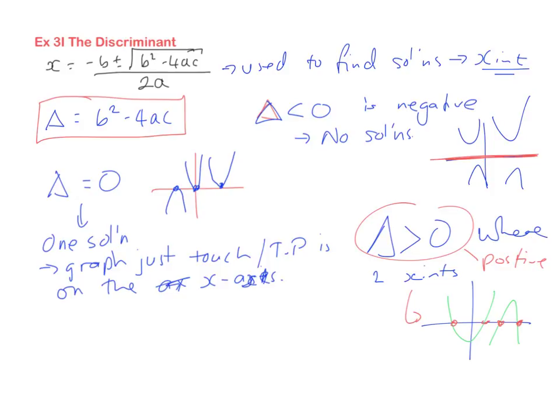So I'll go over the page and we'll do an example. What have we got? A equals 3, B equals 8, and C equals 7. So exactly the same as what we did with our general quadratic formula. Now we're just going to find that part, b squared minus 4ac.